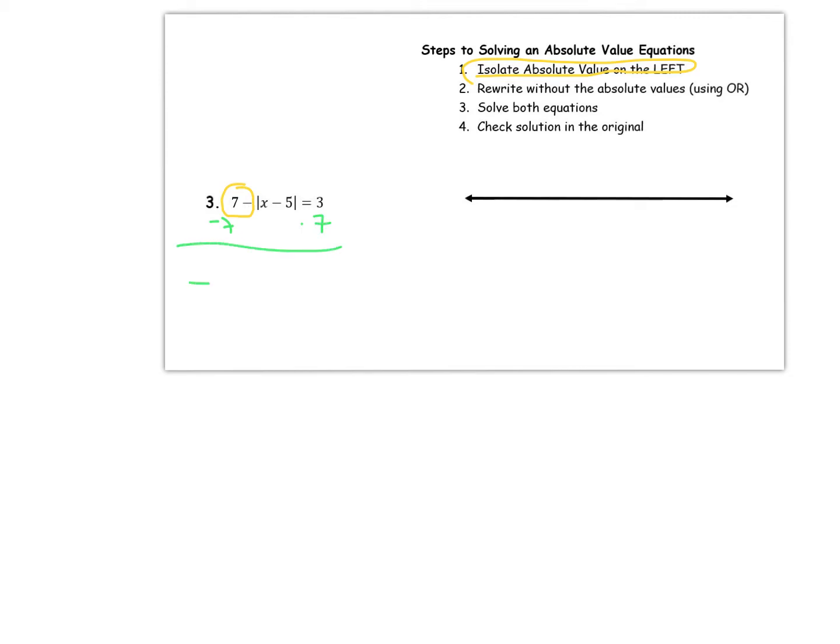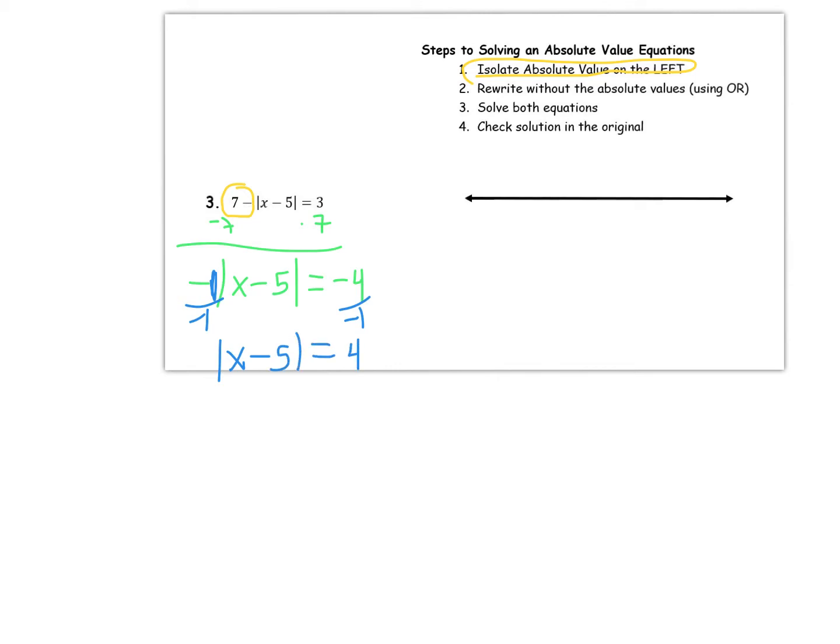So negative absolute value, x minus 5, is going to equal negative 4. Now, because there's a negative 1 here showing me multiplication, I'm going to divide by negative 1s. Absolute value, x minus 5, is going to equal 4.